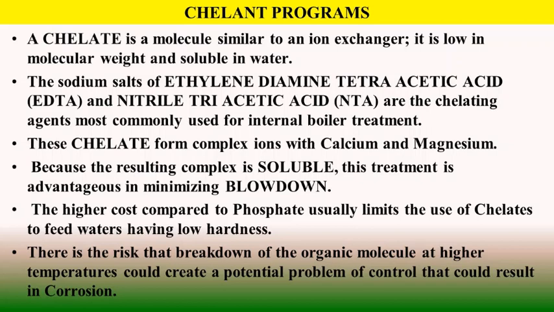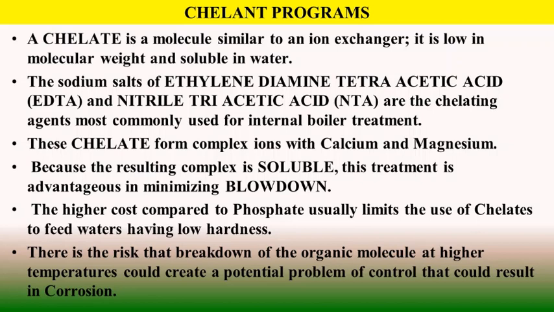Polymers can be added as scale control agents to increase the effectiveness of these chelates, and this will also reduce the corrosion potential by reducing the chelate dosage below the theoretical requirement, because residual chelate in the boiler water is very problematic.